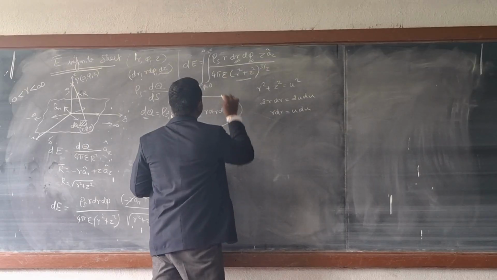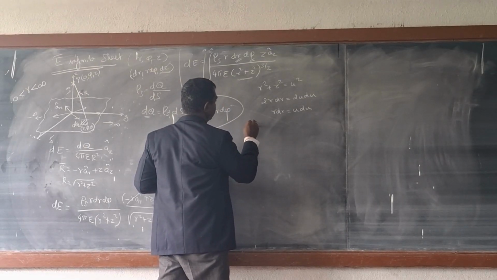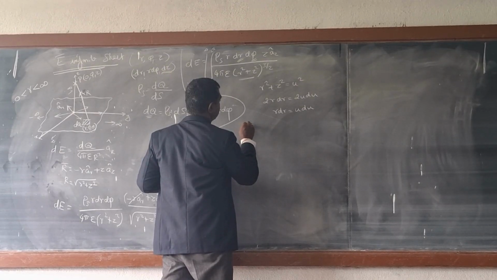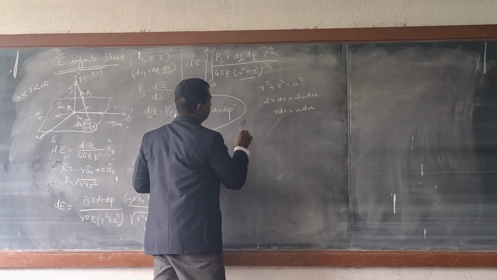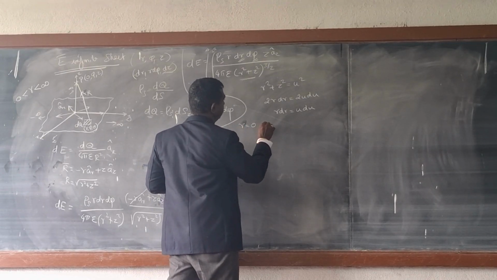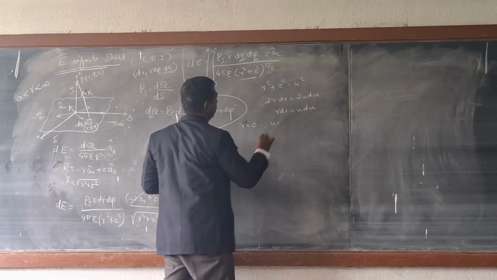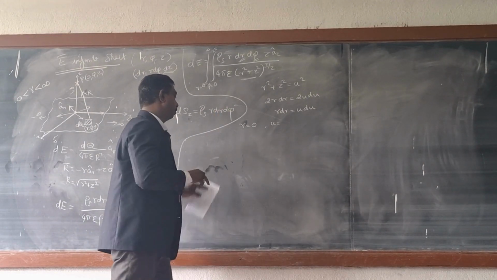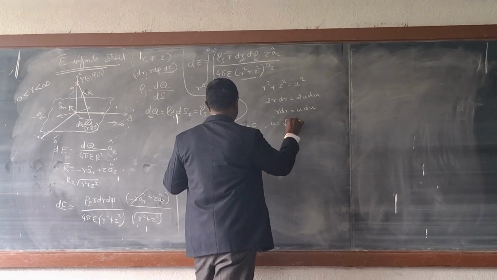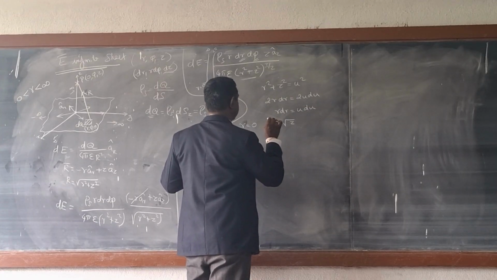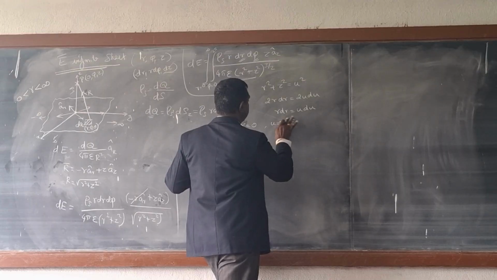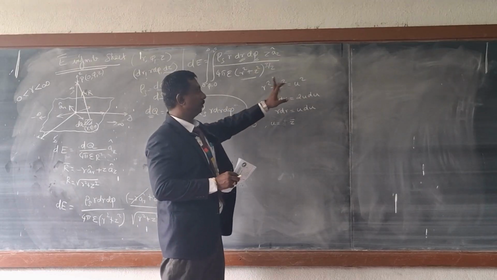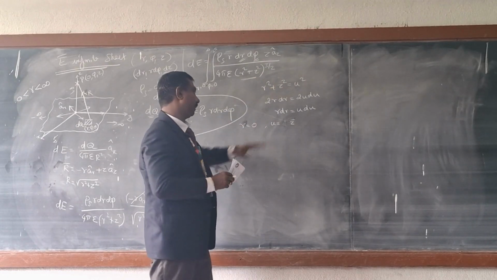Okay. When R equal to 0, what is U square? When R equal to 0, U square equal to Z square, so U equal to Z. R square is 0 means U square is equal to Z square, U equal to Z. Okay.